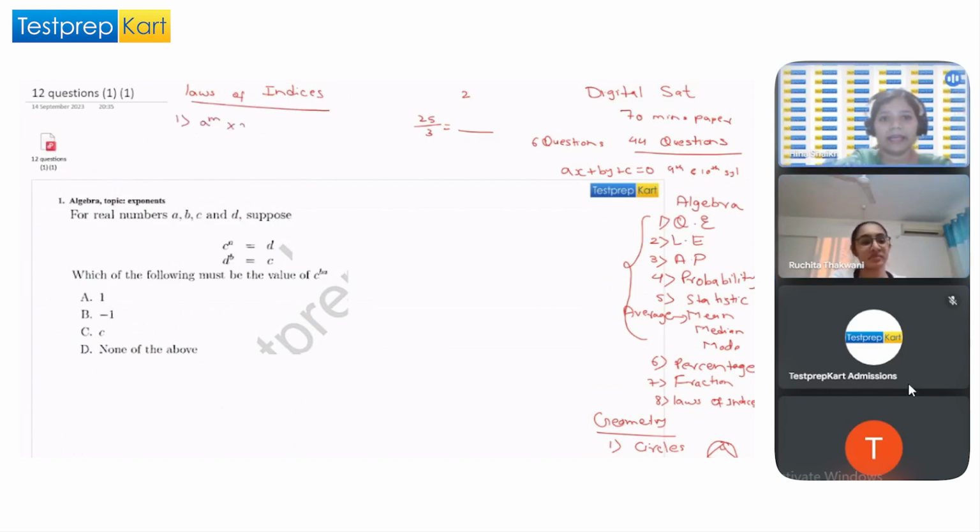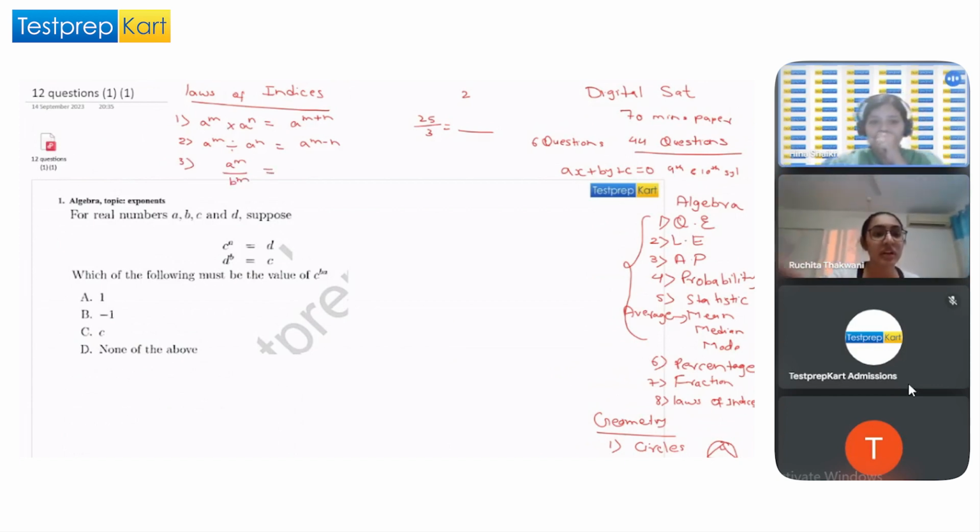If I write a raised to m into a raised to n, what will be the answer? A raised to m plus n. And if there is a division, a raised to m minus n. And if it is a raised to m upon b raised to m, what will be the answer? Base is different, power is same.